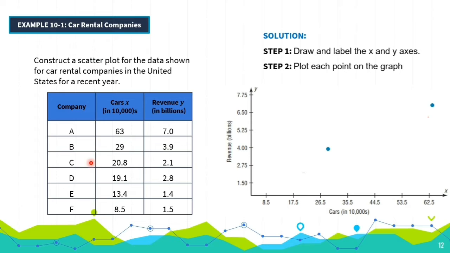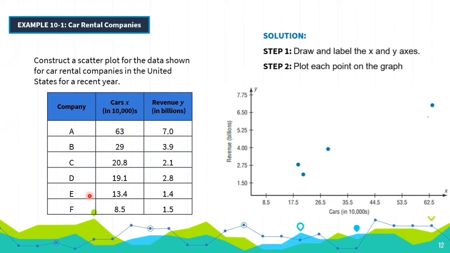Next, for company C, x is 20.8 and y is 2.1, and the point is this. And for company D, x is 19.1 and y is 2.8, and this is the point.